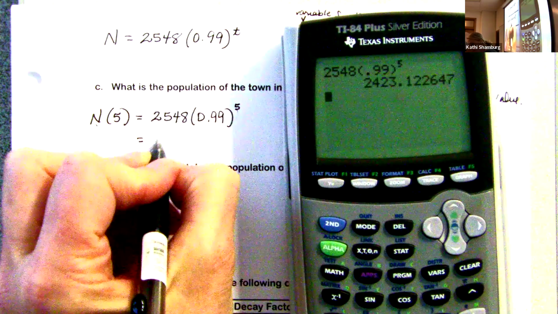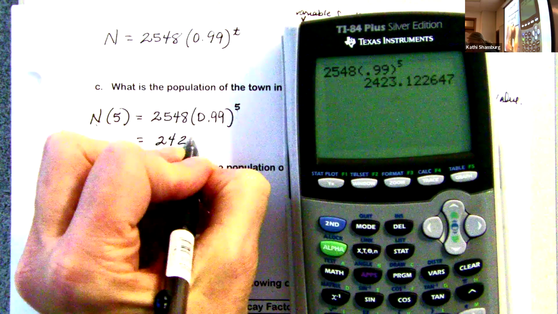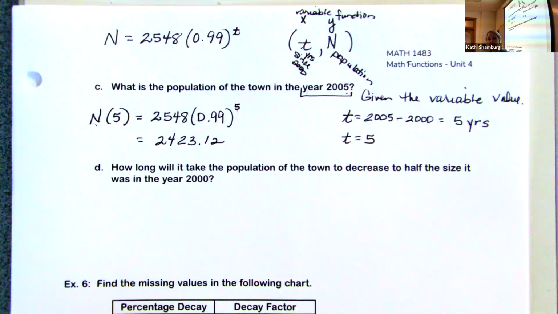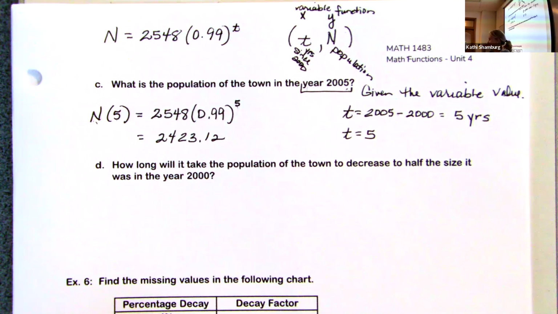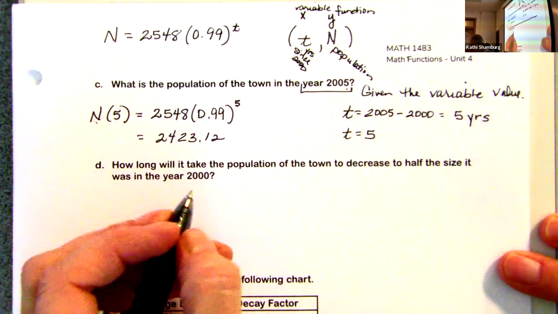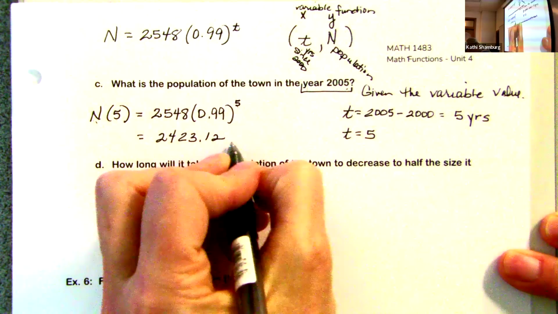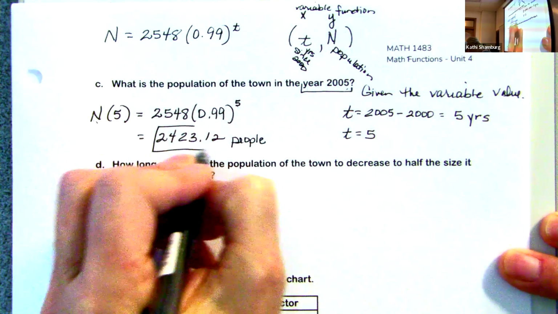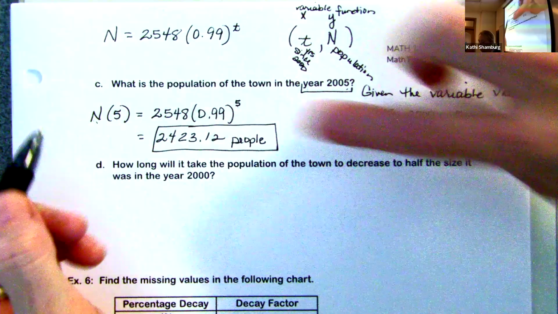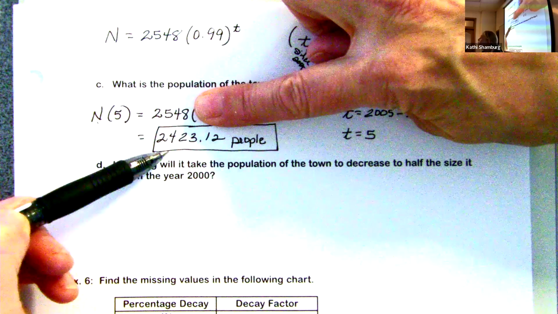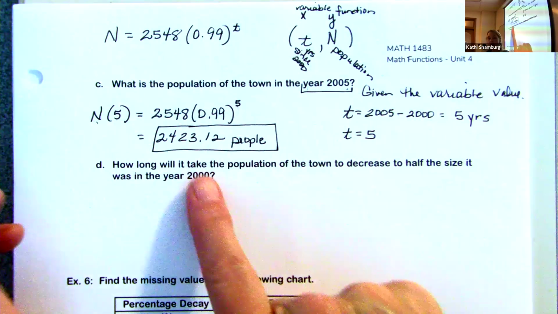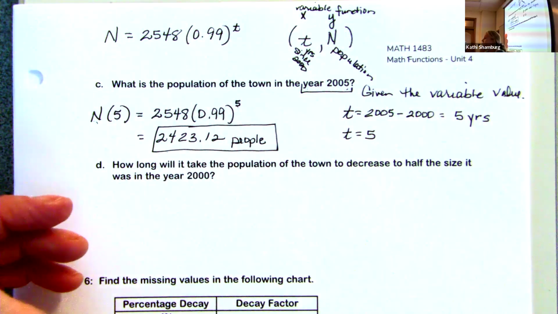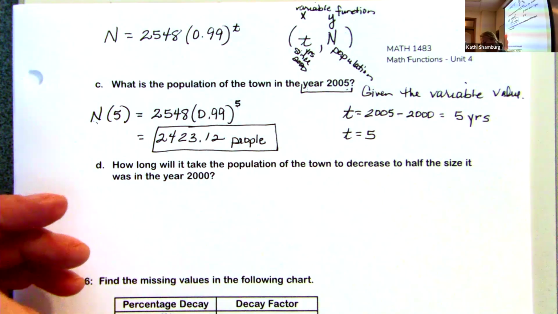So we have 2,423.12 what? Population. So I'll say people. And then I asked myself, does my answer make sense? I do have a smaller number, and this was a decay problem. If I had calculated 5,423, that wouldn't have made sense, because that would represent growth.